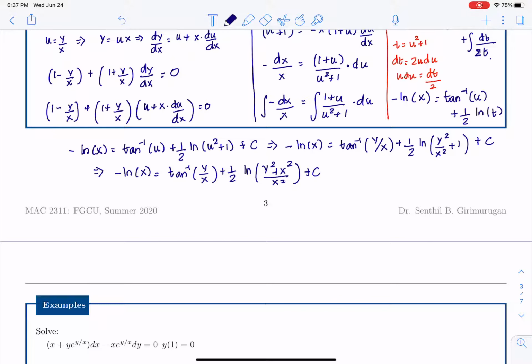Using the power rule of logarithms, this would become minus ln of x equals tangent inverse of y over x plus ln of the square root of (y squared plus x squared over x squared), plus c.